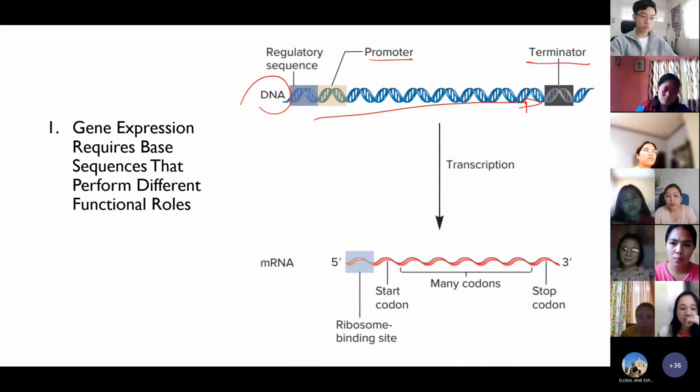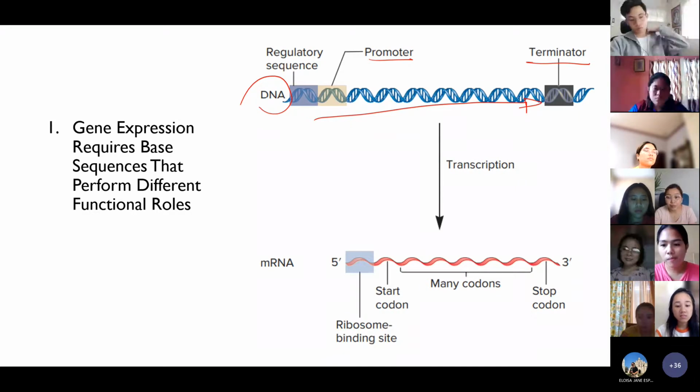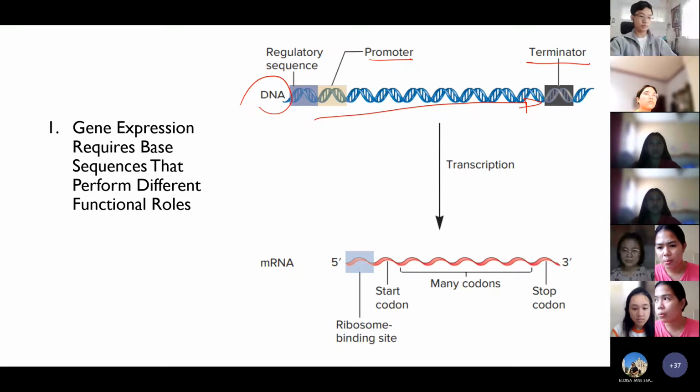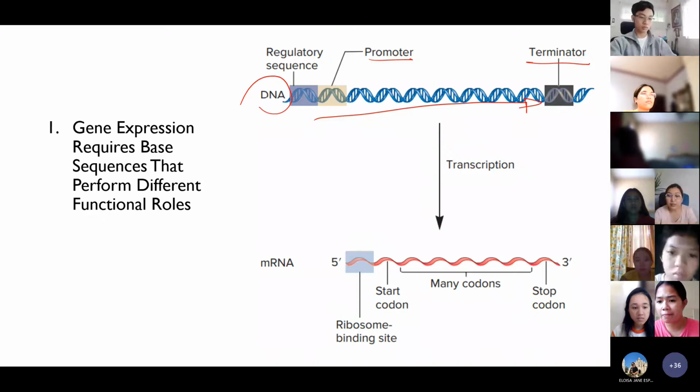We have proteins that we call transcription factors, which would recognize the base sequences in the DNA and would control the rate of the transcription. Some transcription factors would bind directly to the promoter and facilitate the transcription, while other factors would recognize the regulatory sequences or elements.